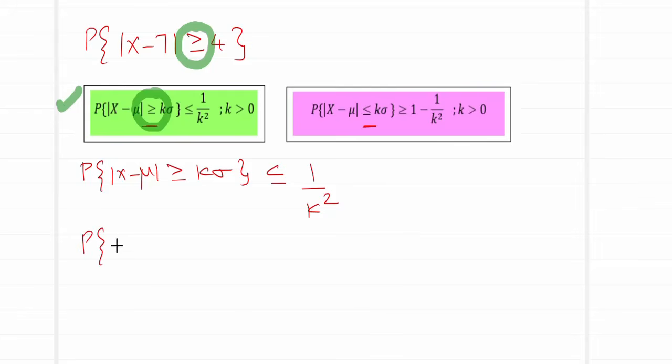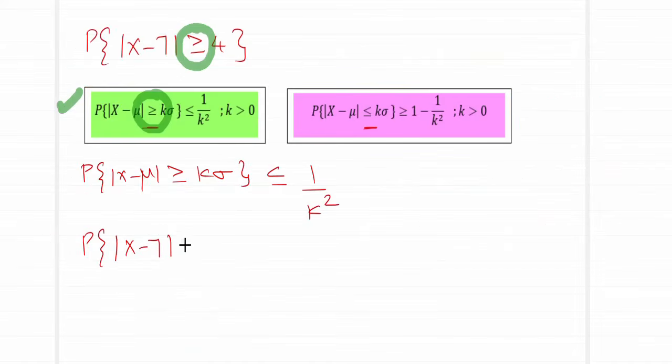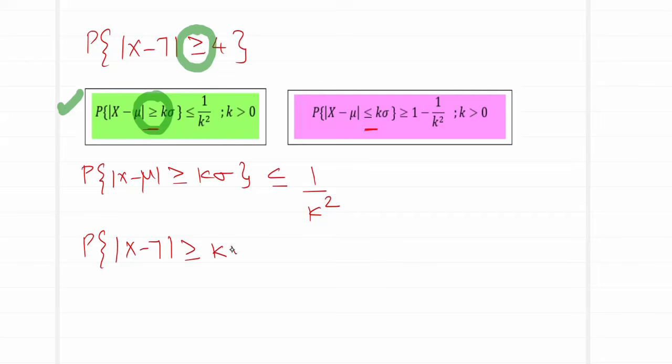So probability of |x minus, what was the value of our mu? It was 7. 7| greater than or equal to k times sigma. What was the value for your sigma? Sigma was square root of 35 by square root of 6, so this is less than or equal to 1 by k square.